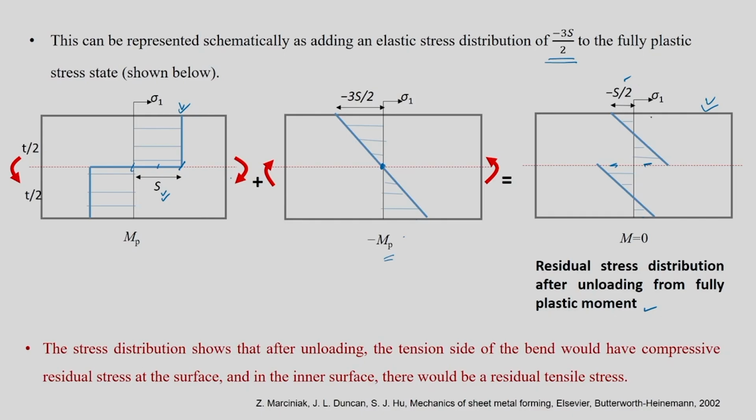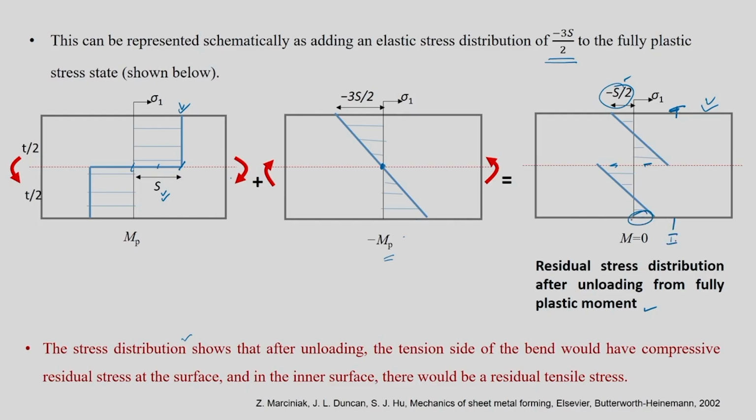So, what interpretation do you get from this? The stress distribution shows that after unloading, the tension side of the bend, let us say this particular one, the T I am saying, would have a compressive residual stress at the surface, minus S by 2. In the inner surface, which is this I, there would be a residual tensile stress. This is the outer surface where you have tensile.